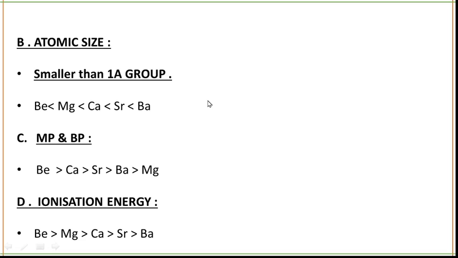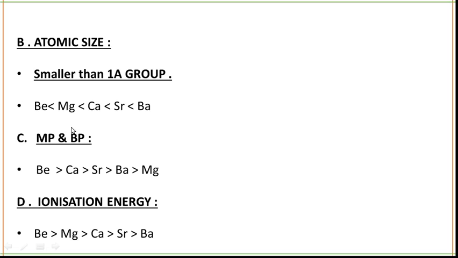And you also know that atomic size depends on the Z effective. Also, among all S block elements, beryllium is the smallest while cesium is the biggest.